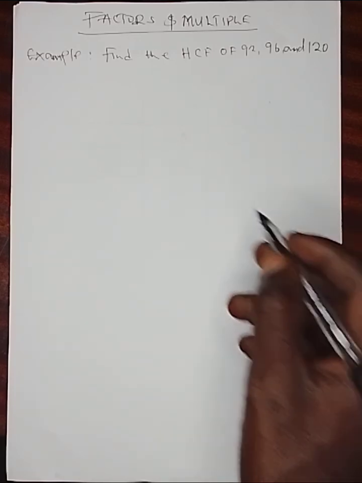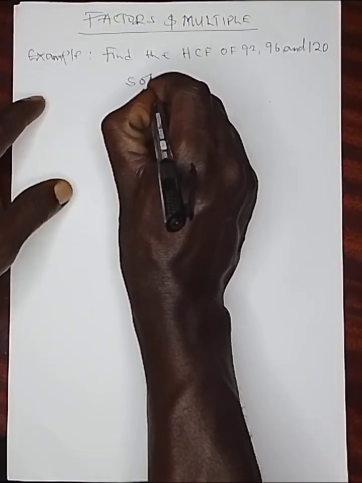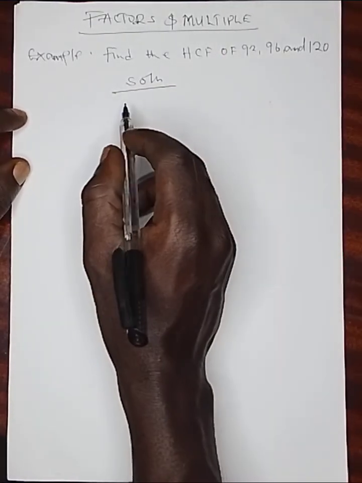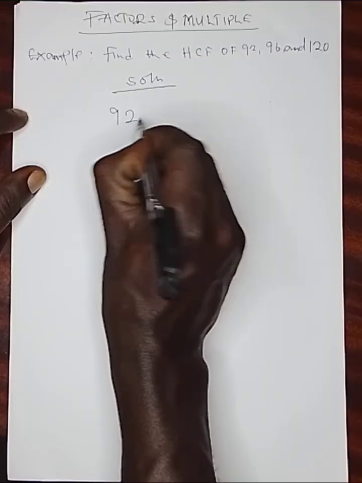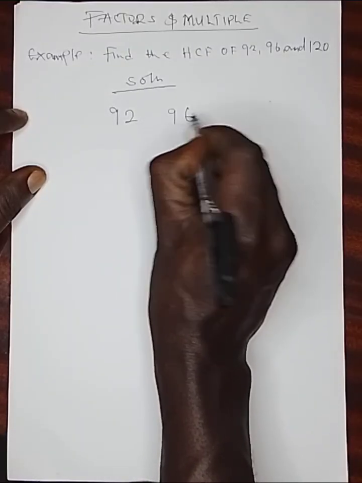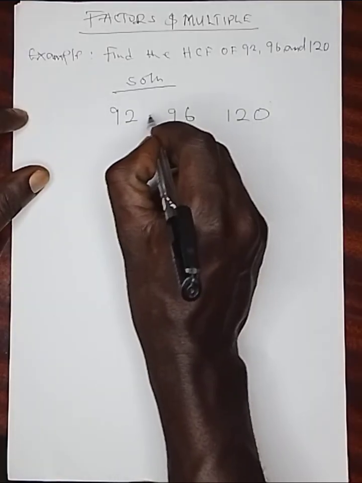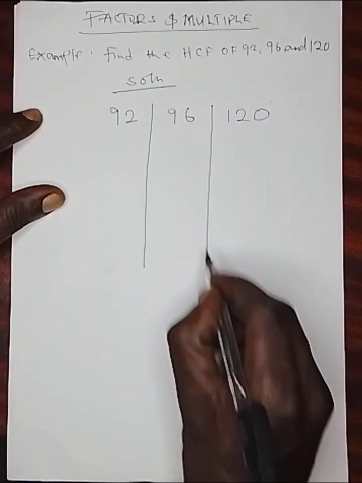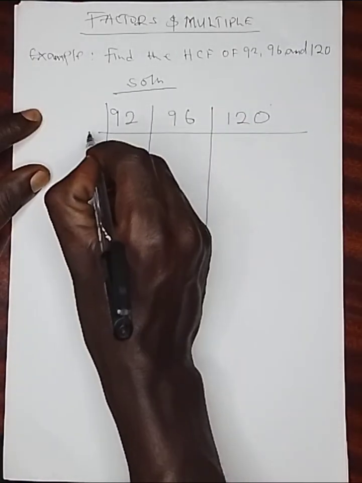So in our solution, what are we going to do? We are going to put here 92, 96, and 120. Now from there, we shall put our ladder.